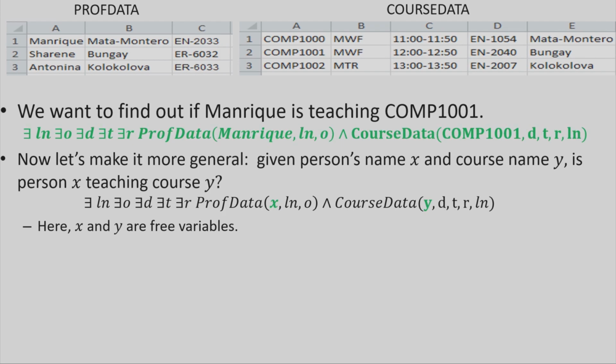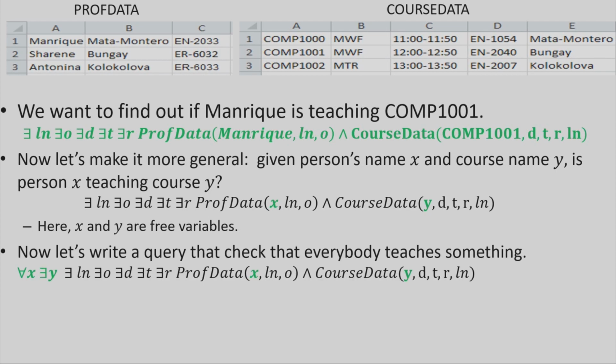Now that we have who teaches what, we could use it to check that everybody teaches something. Well, maybe again we could do it by just going over last names, but let's just reuse the formula that we just wrote. So we want to check that everybody teaches something.